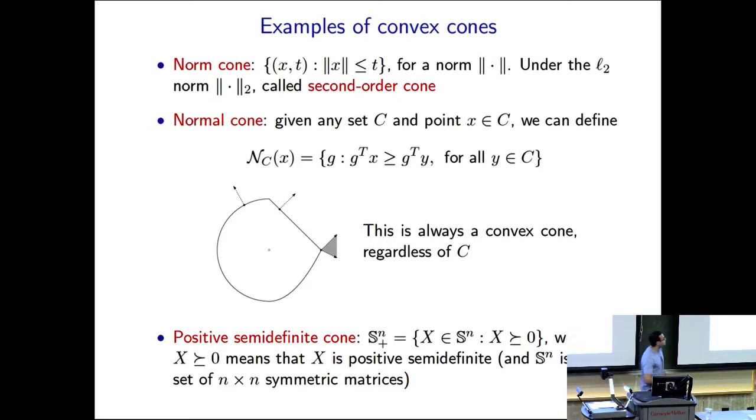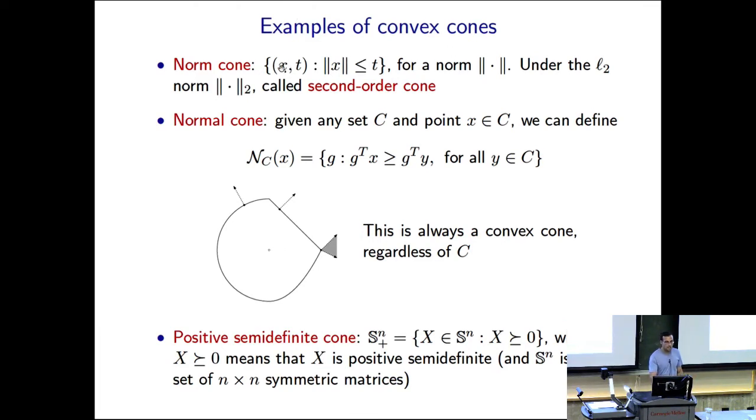Okay, so some examples of convex cones. A very important class of cones, obviously the one we'll care about. If you look at the set of all x comma t such that the norm of x is less than or equal to t, it's actually not a norm ball now because t is a variable that defines the set, then this is a cone for any norm.